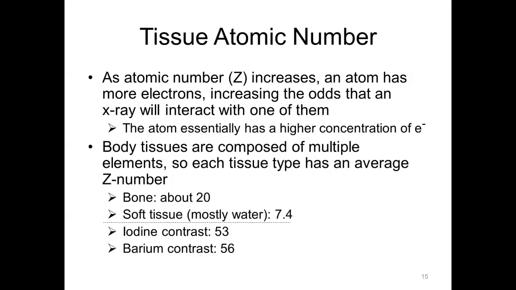You can still have interactions with, say, a hydrogen atom, which is one proton and one electron. But the odds that a photon is going to hit that one electron, versus in bone, when you've got a lot more electron targets, it's more likely to have an interaction the more electrons you have as a target.